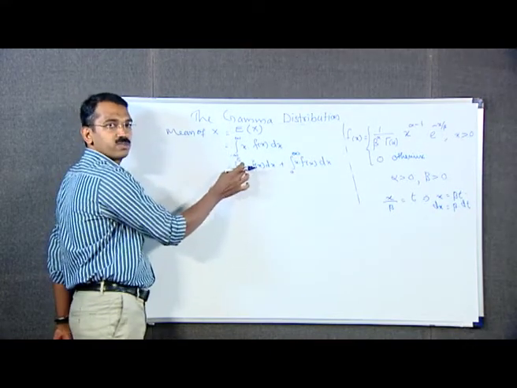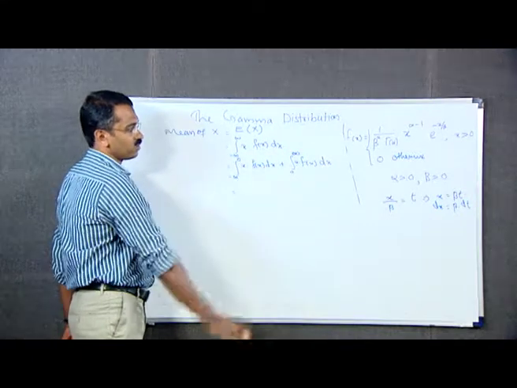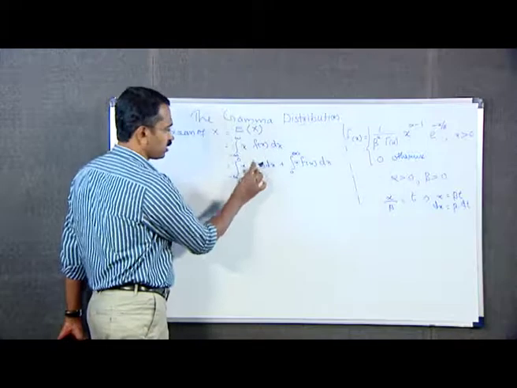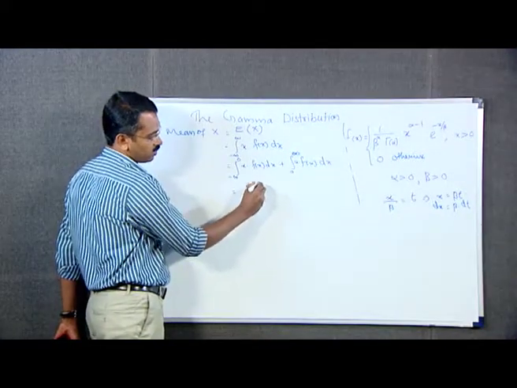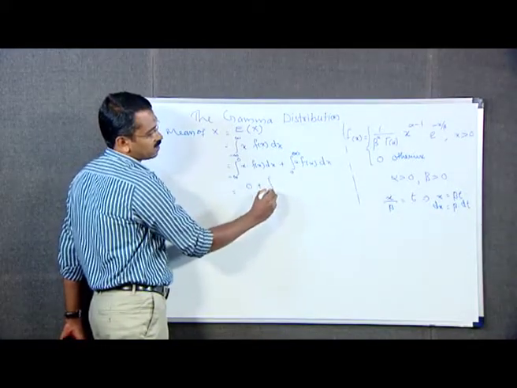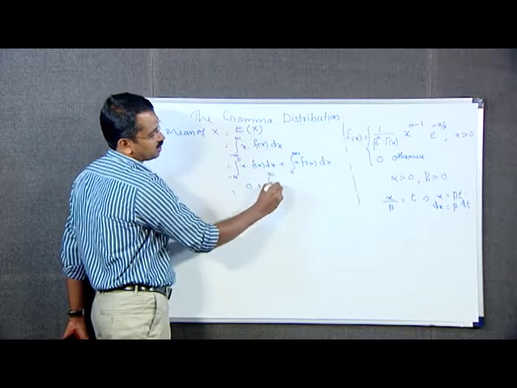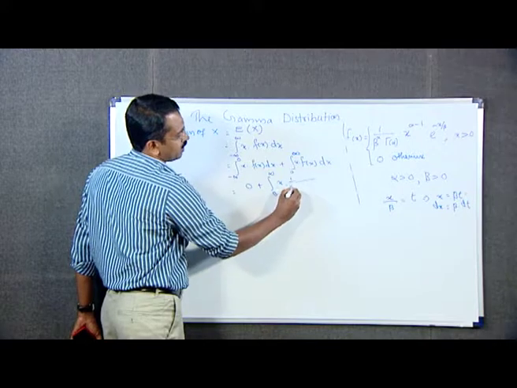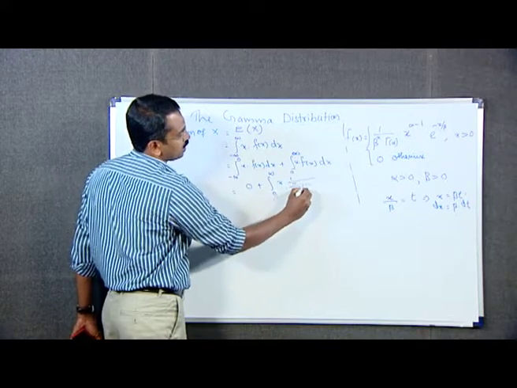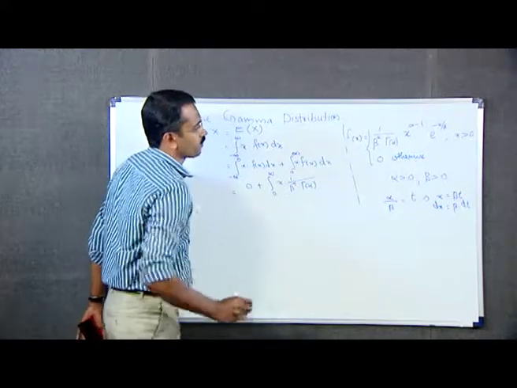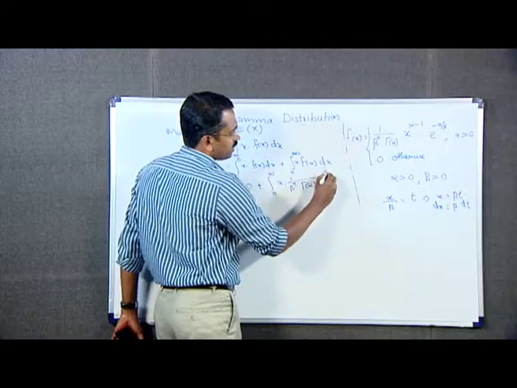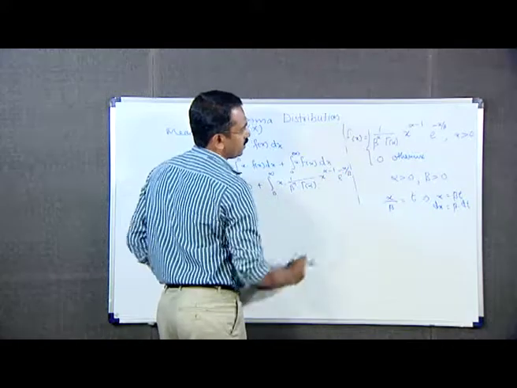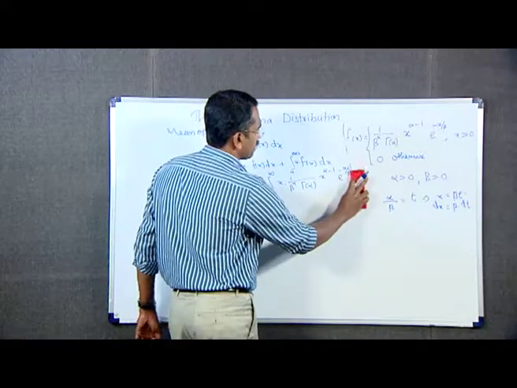Minus infinity to 0 means x is less than 0, in which case the function is defined as 0. Therefore, this first integral will become 0, plus the second integral, which is the integral from 0 to infinity of x times 1/(β^α Γ(α)) x^(α−1) e^(−x/β) dx.